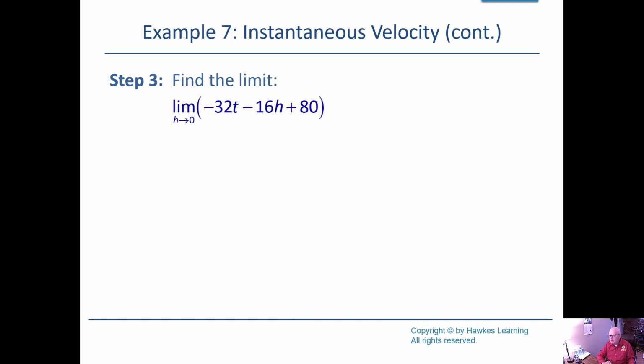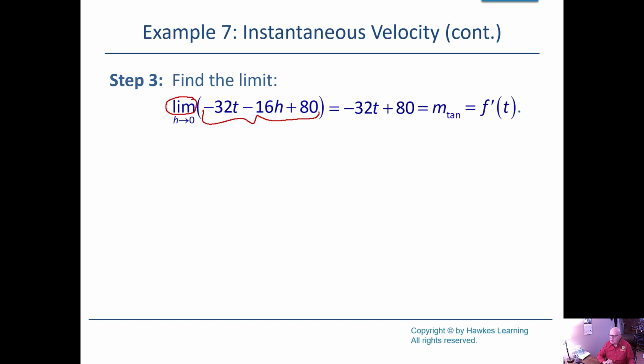Now you find the limit. Now h is approaching 0, and this polynomial right here has a limit. Since this is a polynomial, you can just put the 0 in where the h is, and there's your velocity function. Now we wanted the velocity at t equals 3. How fast is it going at exactly the third second?